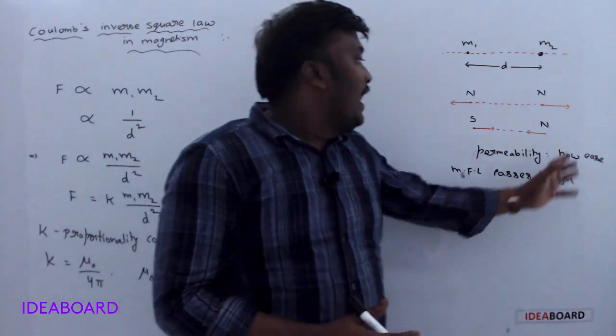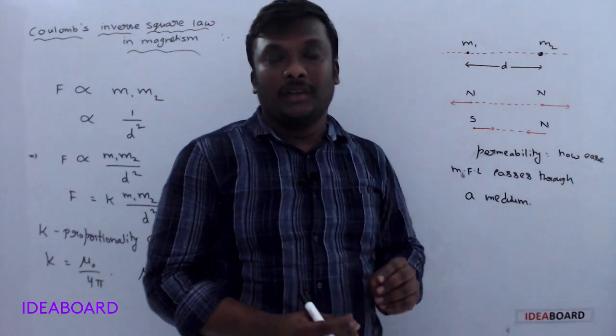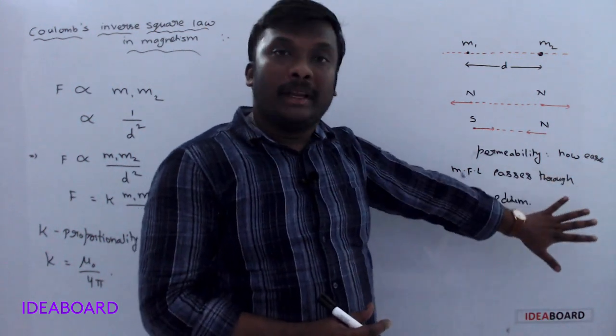Permeability measures how the magnetic field lines pass through a medium. So it is the property of the medium only.